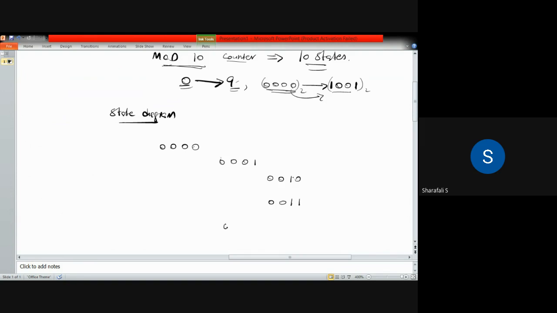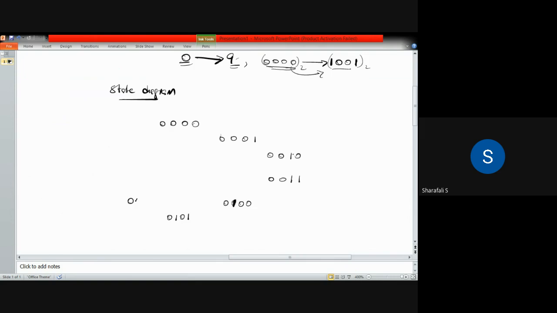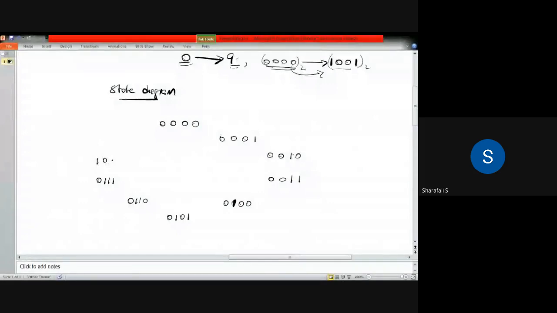Then 0, 1, 0, 0, here 0, 1, 0, 1, then 0, 1, 1, 0, 0, 1, 1, 1. Then 1, 0, 0, 0, and again 1, 0, 0, 1.